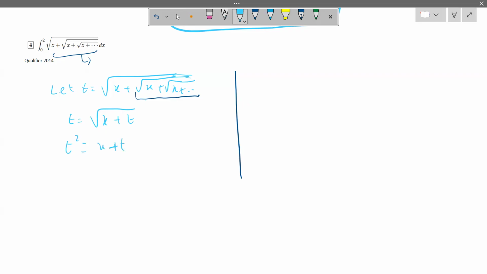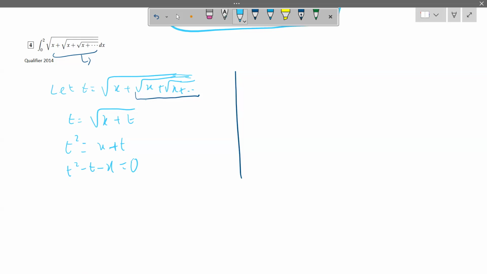And now what do we have to do? We have to solve this equation for t, and then the solution will be some kind of expression in x. So if we move x plus t to the left side, we get t squared minus t minus x equals 0.